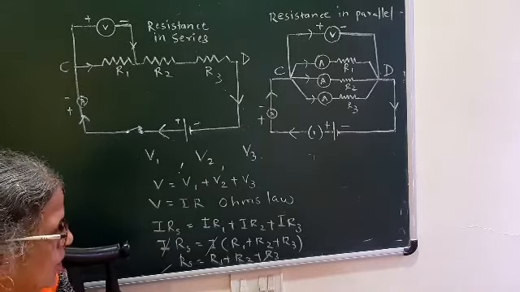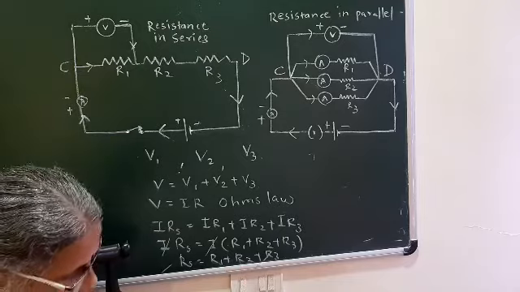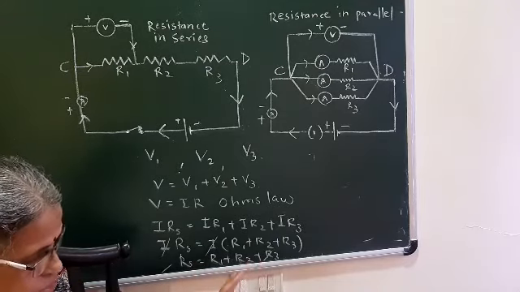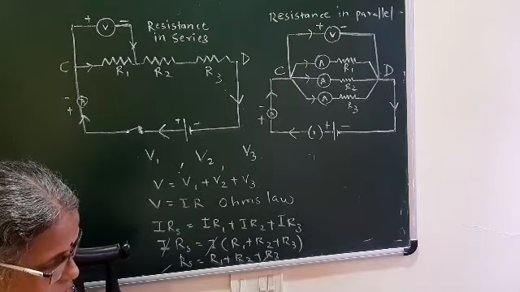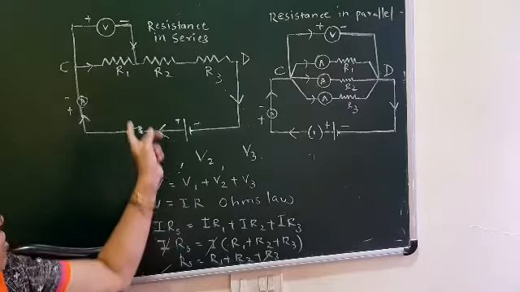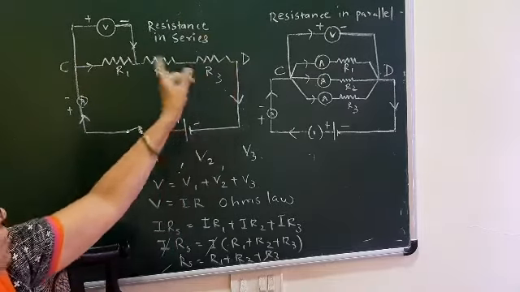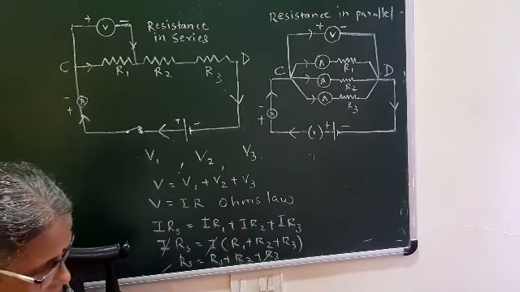Second, the effective resistance is the sum of the individual resistances, so Rs is equal to R1 plus R2 plus R3. Third, the potential difference between the two extremes of the arrangement, that is the potential difference across CD, is V is equal to V1 plus V2 plus V3.